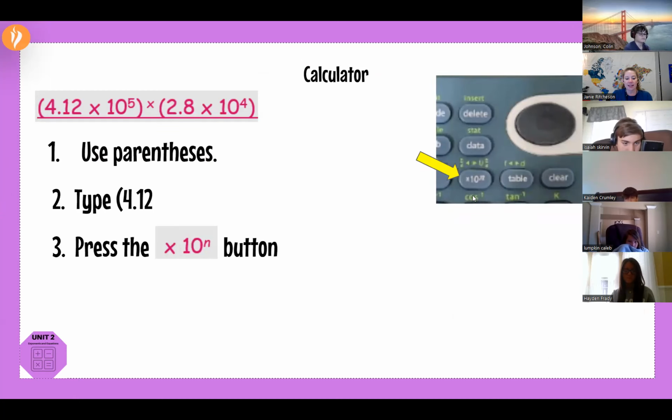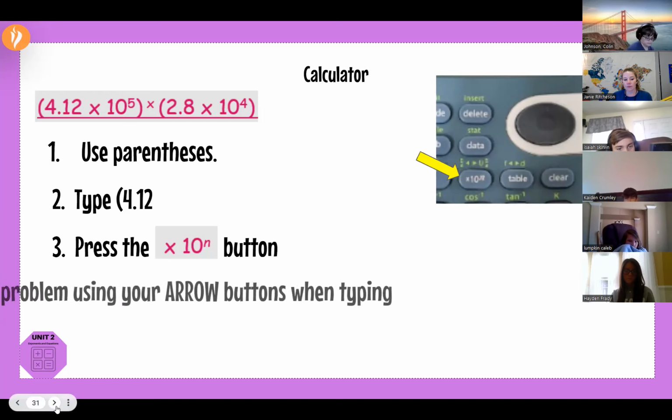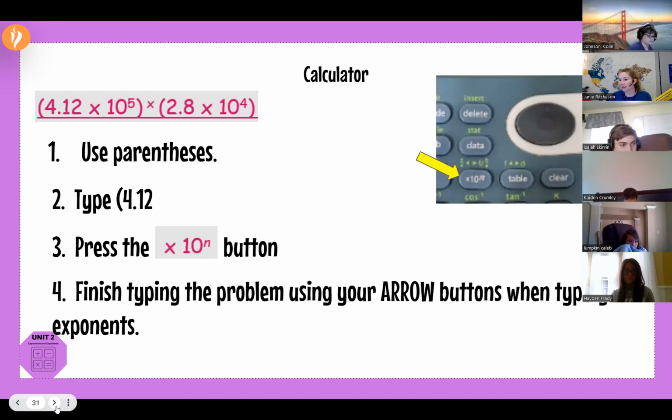Okay, so hit that. And now your exponent box should be blinking. Is your exponent box blinking? Now you're going to input your 5 right here in the math problem. And then you have to right arrow to get out of the exponent and then end your parentheses. Okay, good. You ended your parentheses. Now everybody hit times.